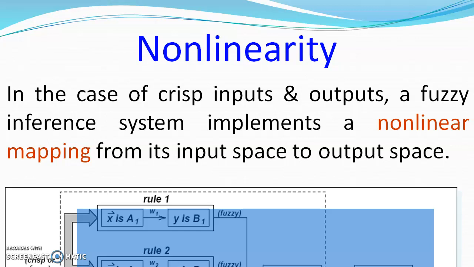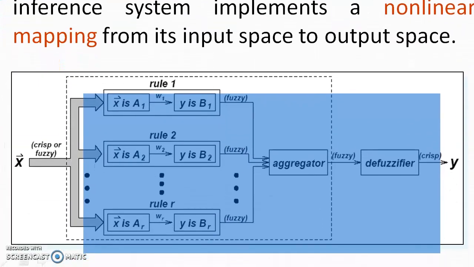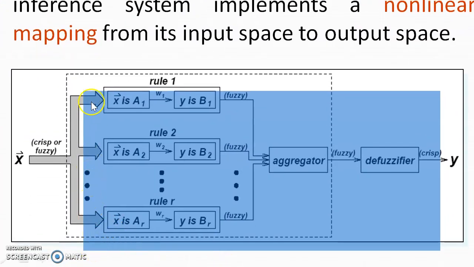So in nonlinear dynamics we are dealing with nonlinear crisp values and nonlinear fuzzy values, so there should be a nonlinear mapping from the input space to the output space. This total nonlinear mapping lies from the start through the fuzzy inference engine, the aggregation part, and the defuzzifier. So the whole nonlinearity lies there.